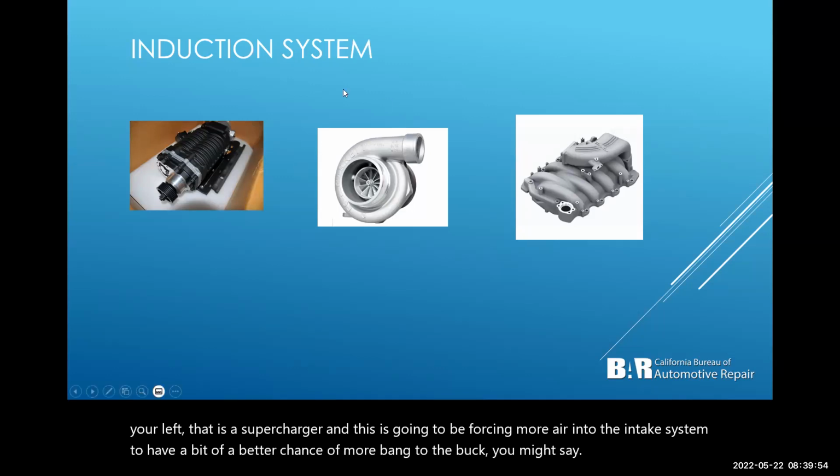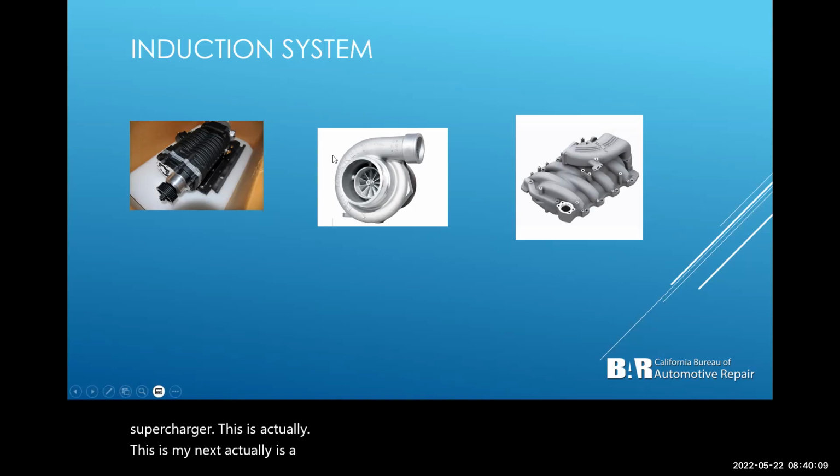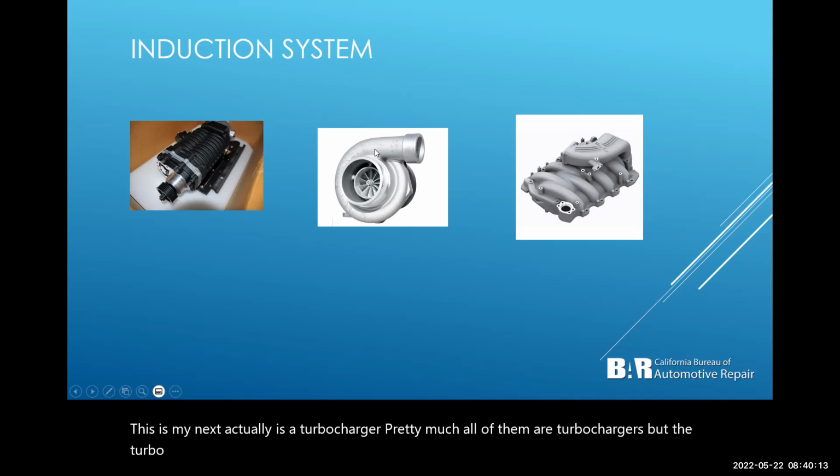Same with a turbocharger. This one is belt driven or gear driven over here on the supercharger. This one actually is a turbocharger. Pretty much all of them are turbochargers, but the turbocharger uses the waste exhaust coming out of the engine to power up this guy. So it's like free induction.